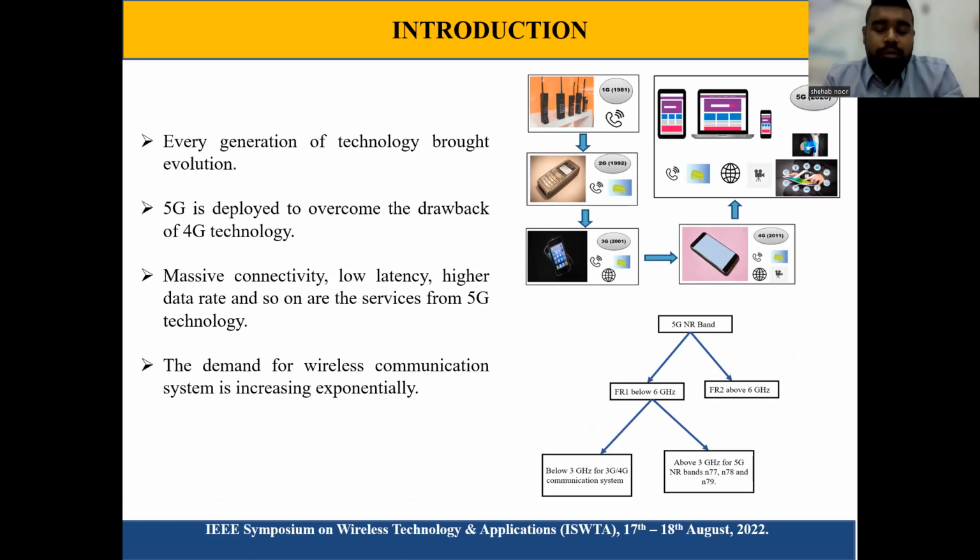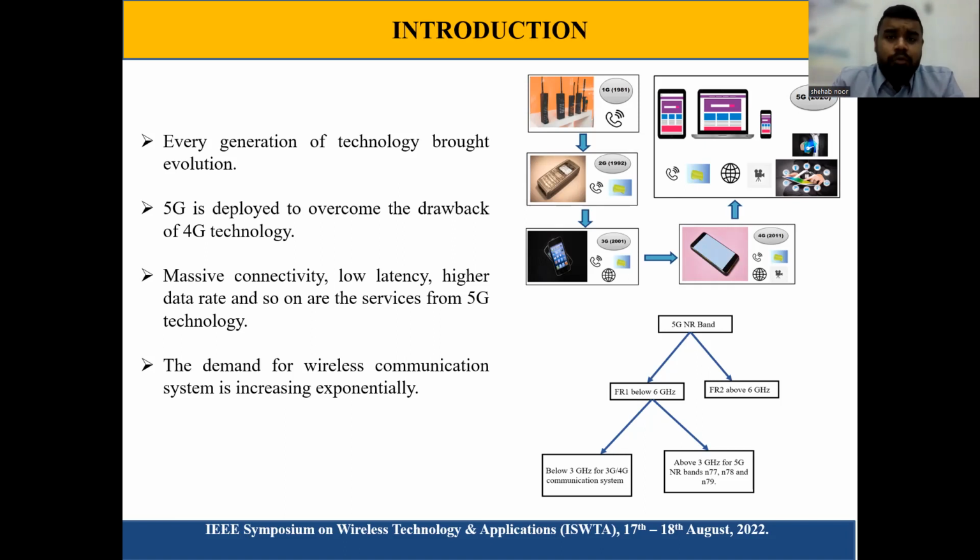For instance, the fundamental objective of the deployment of 4G was to increase the data rate. The data rate was increased from 2 Mbps back in 3G to up to 100 Mbps in 4G. So the major focus was on the data rate.